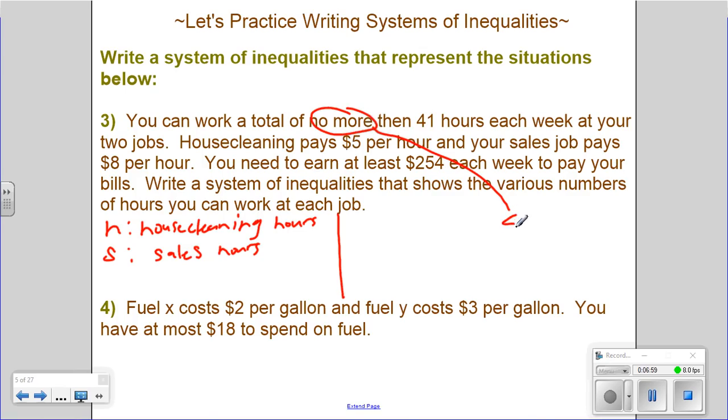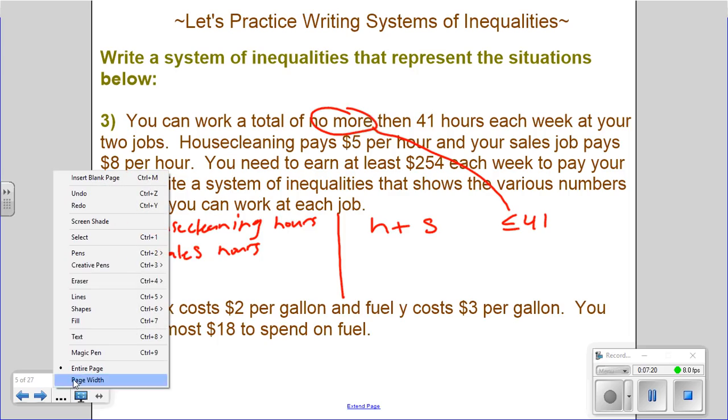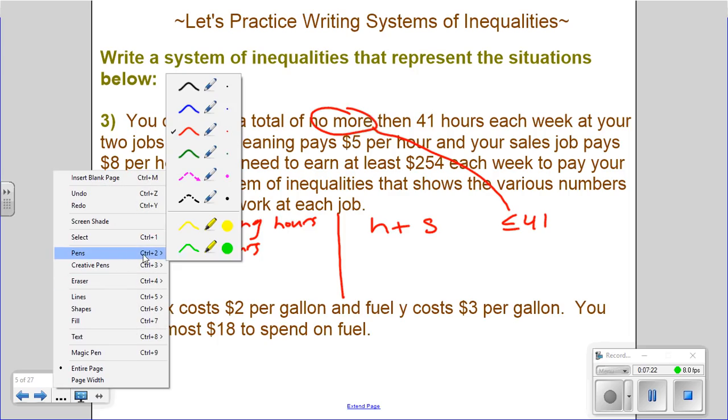So we're going to use less than or equal to and 41. And then we said H was house cleaning and S was sales. So we would say H plus S. The hours of house cleaning plus the hours of sales has to be less than or equal to 41. So that's the first inequality of our system.